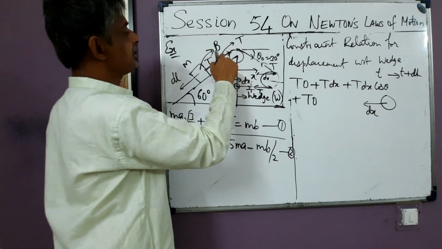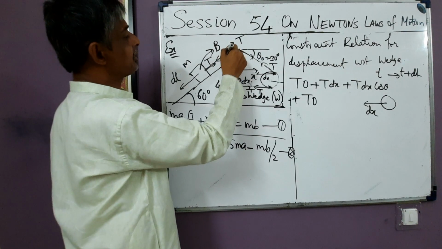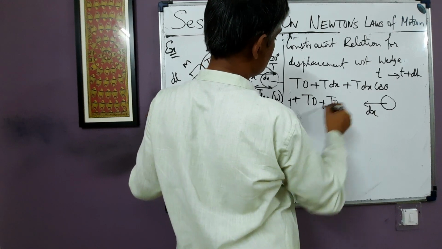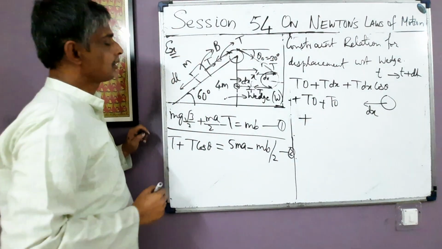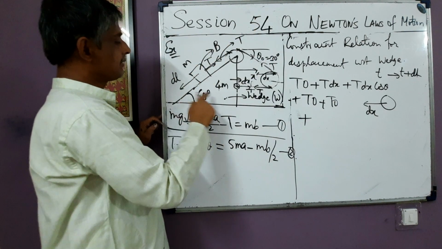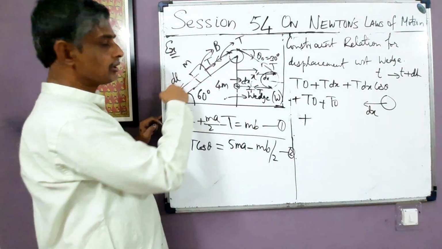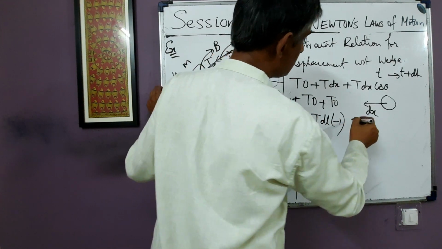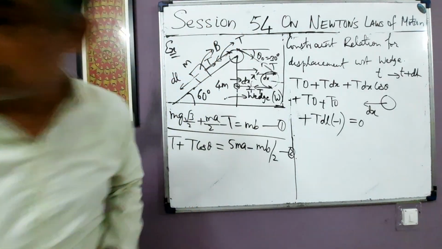Here also the string acts on this pulley at this point, and with respect to the wedge this has 0 displacement, so here also T into 0. Plus on this block, T acts in this way, with a displacement of dl down the incline with respect to the wedge. So it becomes T dl cos 180 degree, which is minus 1. The sum of all of them adds up to 0. Fine.